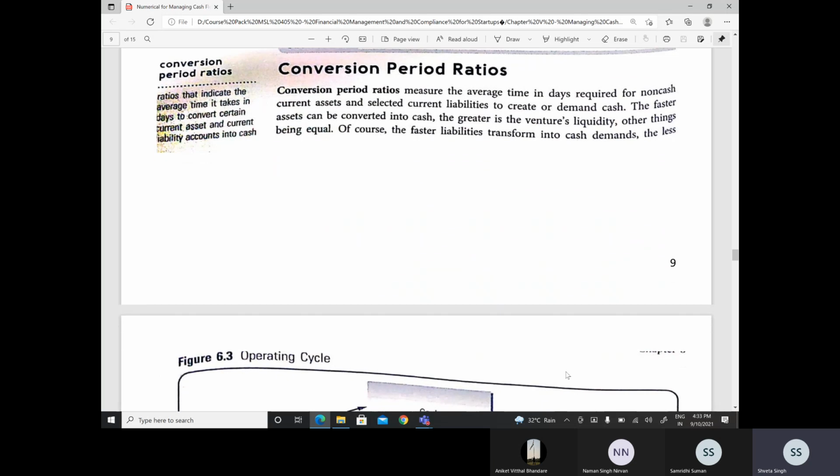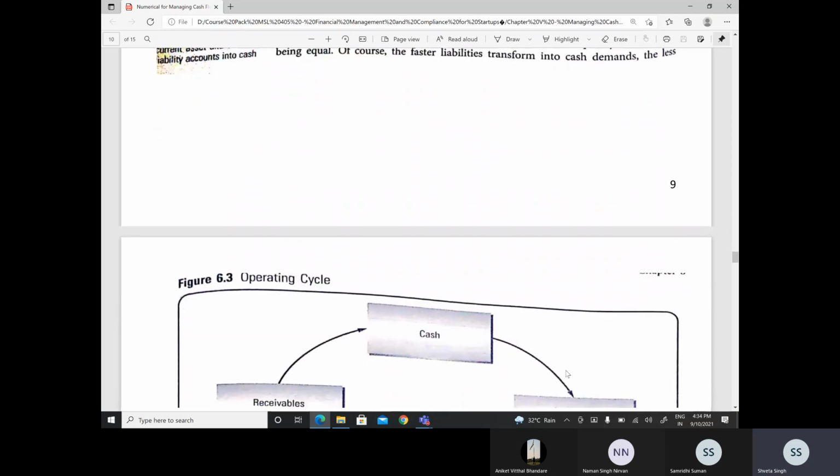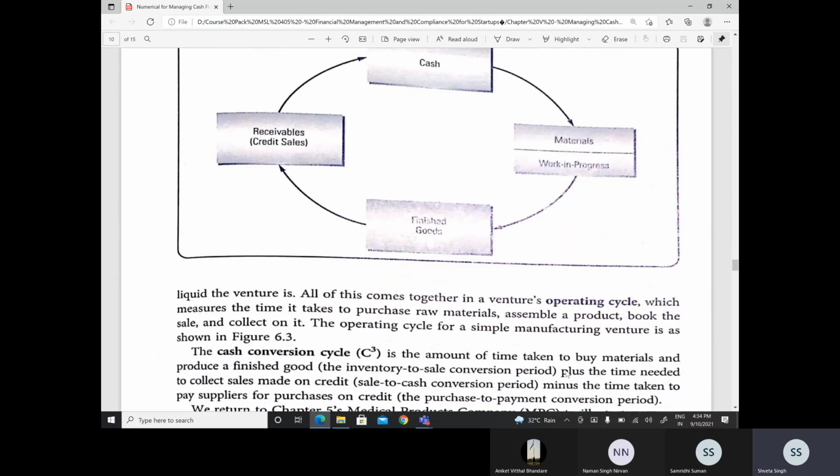So conversion period ratios measure the average time in days required for non-cash current assets and selected current liabilities to create or demand cash. The faster assets can be converted into cash, the greater is the venture's liquidity, other things being equal. Of course, the faster liabilities transform into cash demands, the less liquid the venture is.